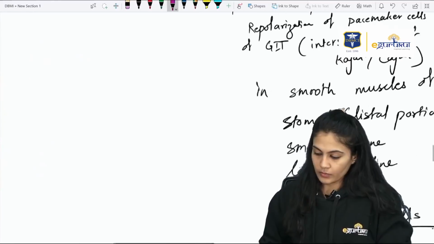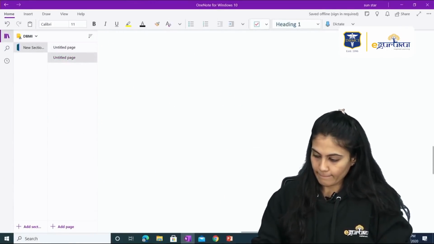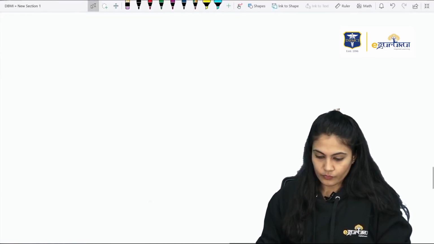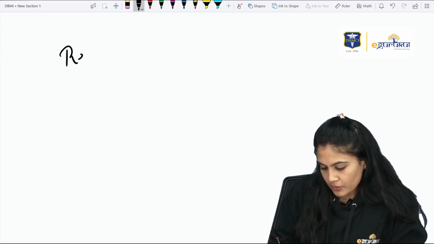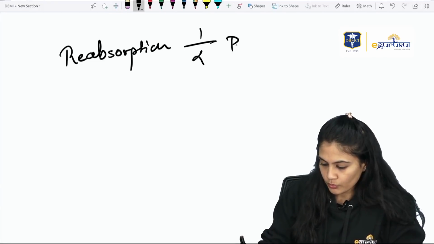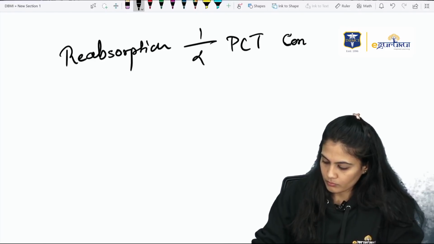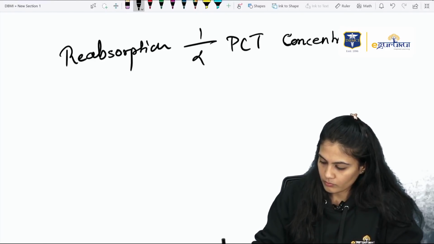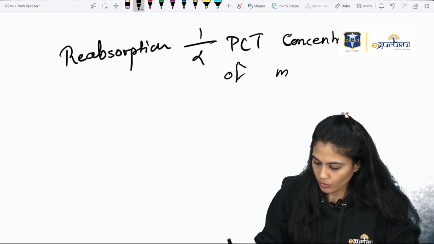What we said recently is that if the substance is getting reabsorbed, reabsorption is inversely proportional to the PCT concentration of that particular substance or molecule.